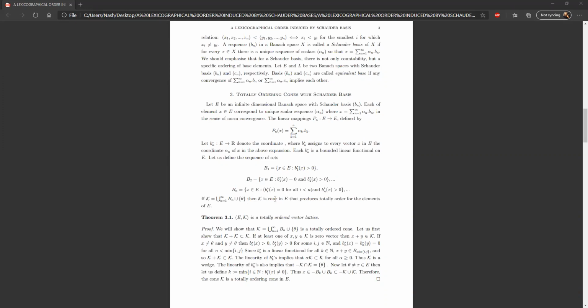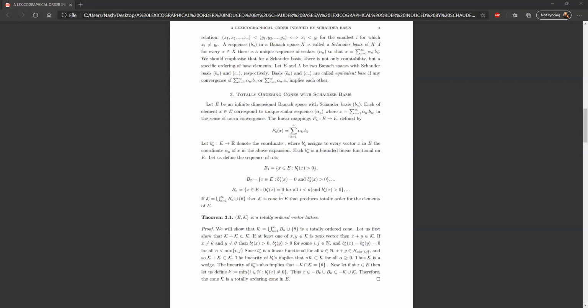So the Bn set will consist of vectors x which have this property. In other words, up to n, each projection should be 0 for this vector, and the nth projection should be greater than 0.